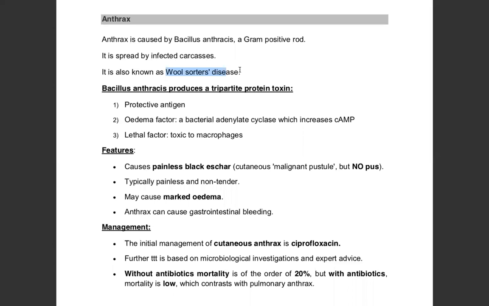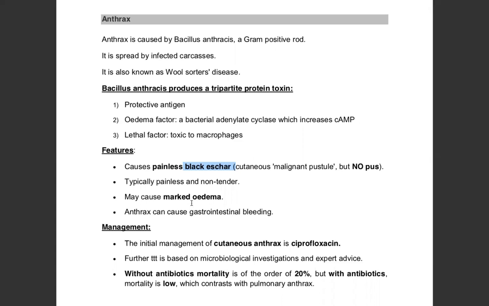Okay. So with Bacillus anthracis, the important thing is the painless eschar. This painless eschar is more important, and you will also get a black eschar in scrub typhus, but of course the scenario will be different. So if you get the words black eschar in your question, think of anthrax or of scrub typhus.